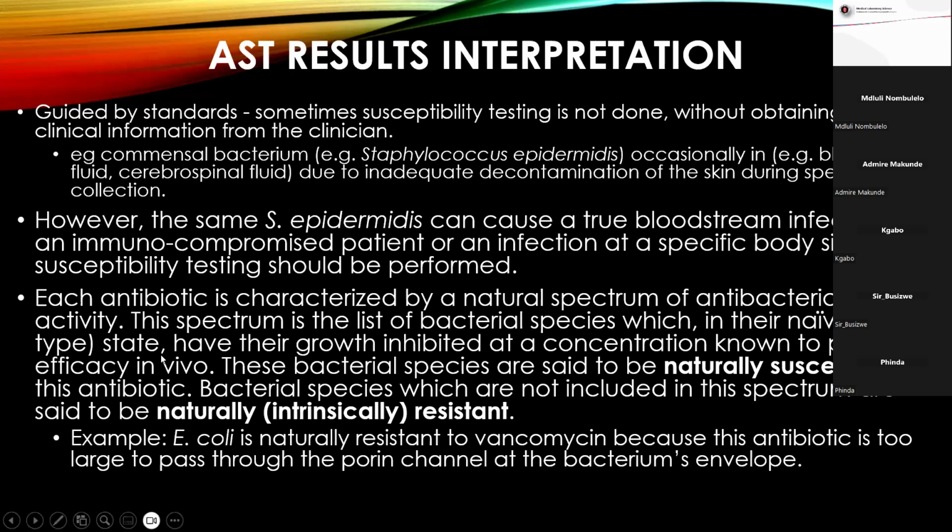The other consideration which you need to pay attention to is to understand the existence of natural susceptibility and also natural resistance, which is intrinsic resistance. By natural susceptibility, there are some organisms that are by default usually susceptible. I think we have heard of biochemical tests where we use optochin on Strep pneumo and also novobiocin.